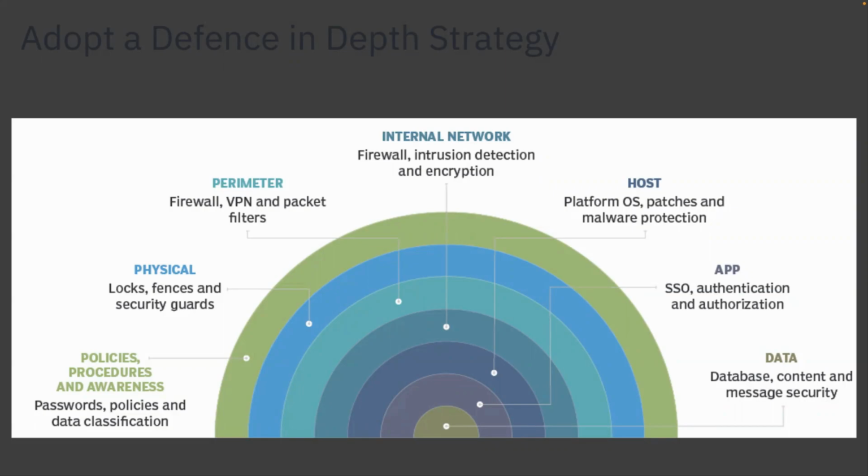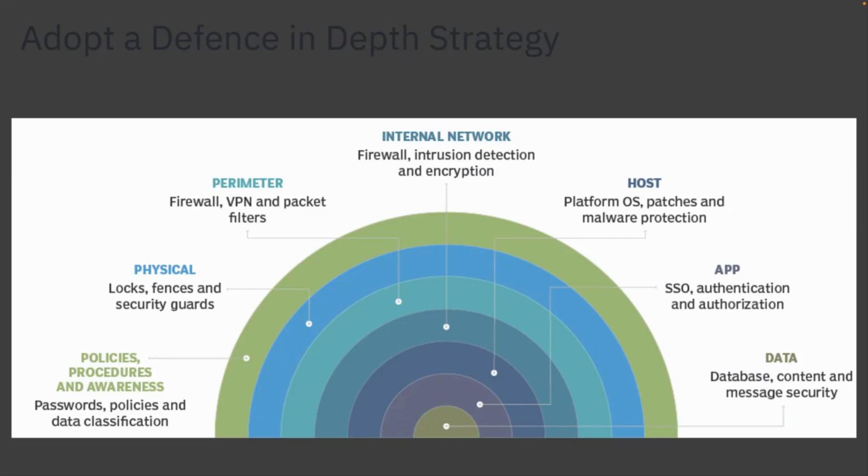Things like physical security. We've talked about the physical security of data centers. That's all managed for us, but you have to be aware of the physical security of your on-premises systems. The perimeter, things like firewalls, VPNs, packet filtering. The host machines, making sure that they're updated, the latest OS, the latest builds, the latest patches.